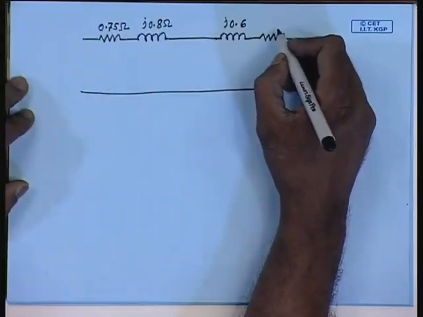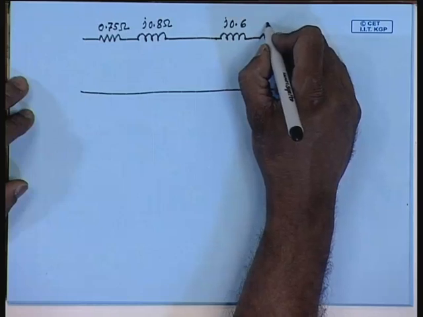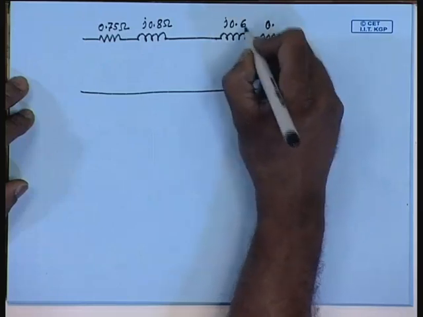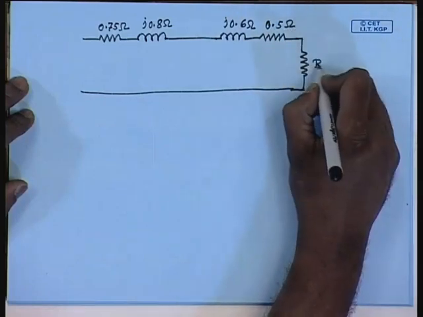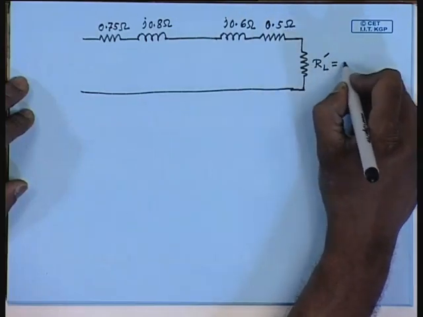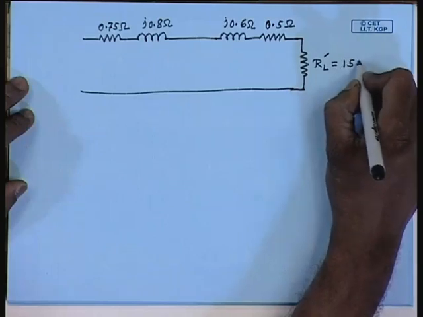Similarly, R2 dash will be 0.5 ohm and RL dash will be equal to 15 ohm.